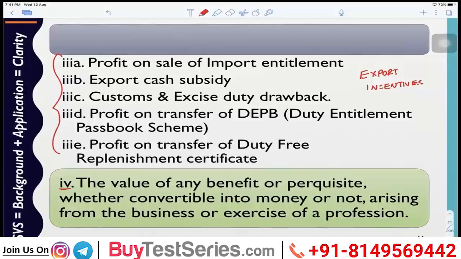Tell me. When you are carrying out a business, when you are carrying out a profession, कौन सा perquisite आप कमा सकते हो? Can you think of anything which you can earn as a perquisite or a benefit in the course of your business or in the course of your profession?